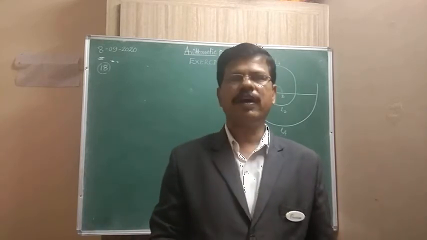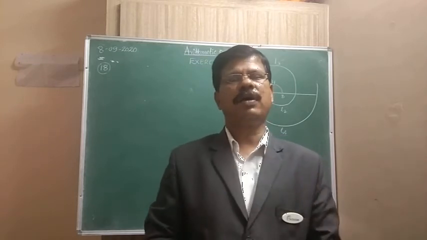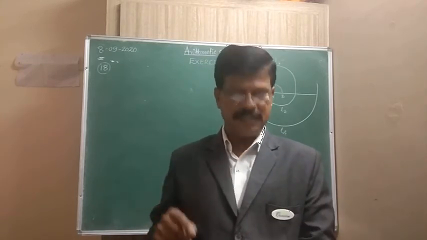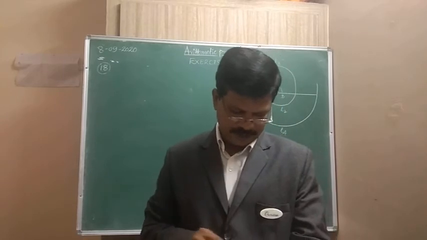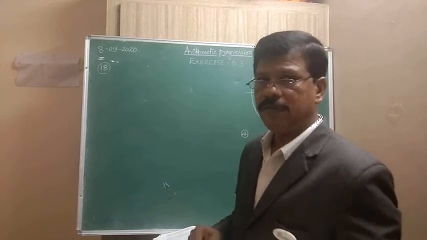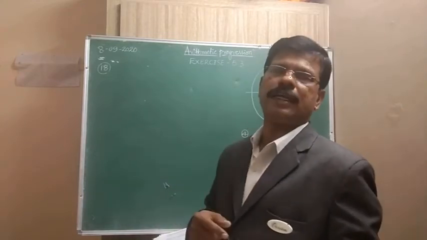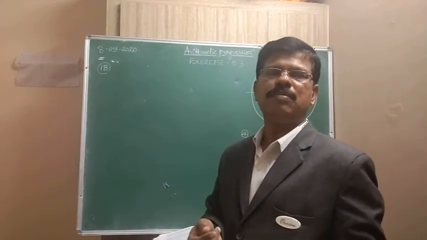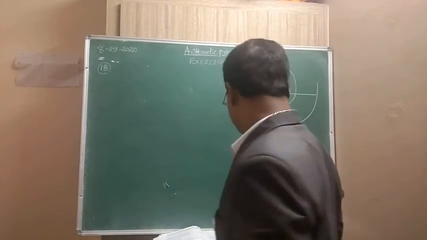Now we have to find out the total length of such 13 semicircles. Right. Now here you should take the pi value as they have given. If they are not given, then take what they have given. Okay. So it is simplifying the answer.